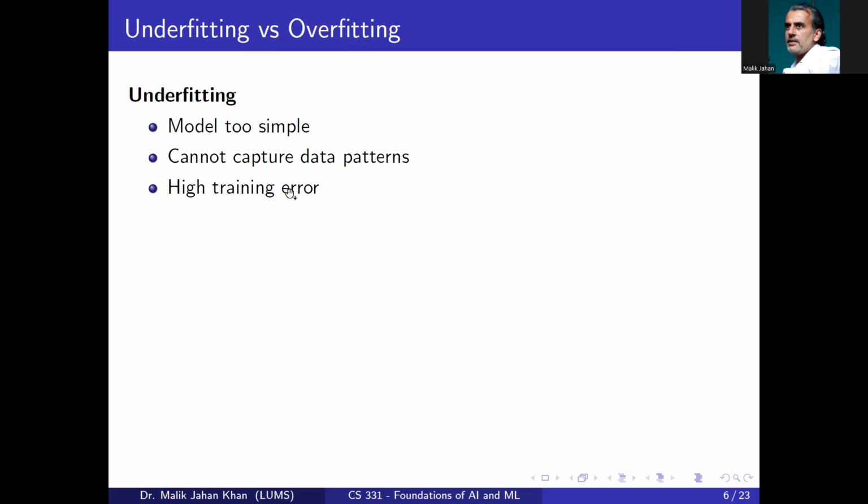Which means that during the training part, the data which was being used to fine-tune the model could not really converge in a decent way. So in an abstract way, if the model is too simple, we call this phenomenon underfitting. We'll be seeing its visualization in a while.